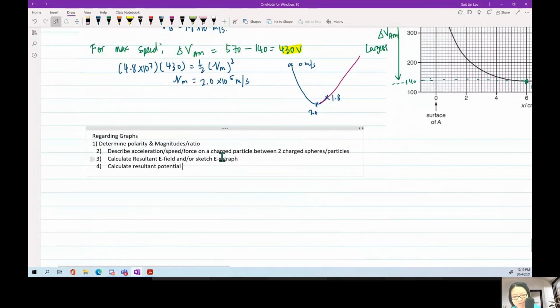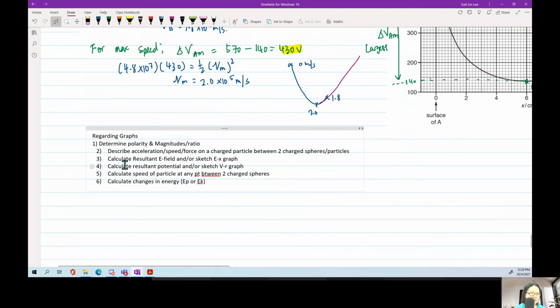So calculate resultant potential and or sketch V-R graph. Ask you to calculate speed of particle at any point in the two-particle setup. They could also ask you to calculate changes in energy, either EP or EK.